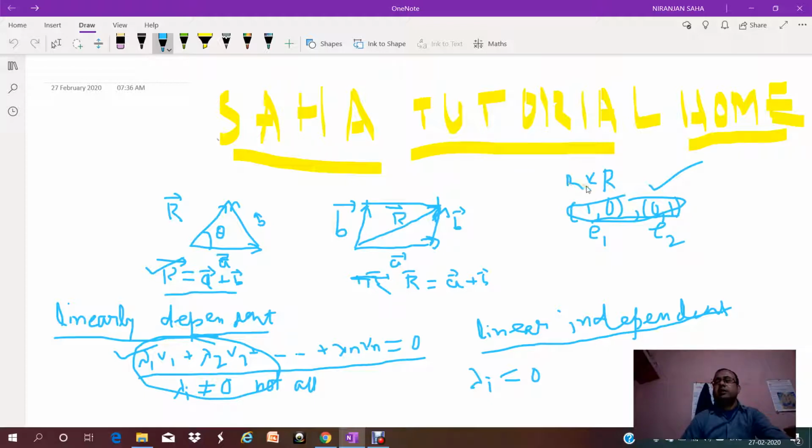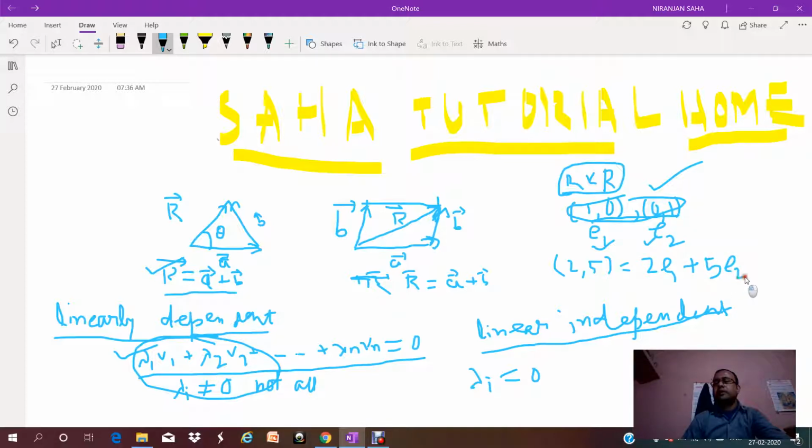Every element in the two-dimensional Cartesian plane can be represented by these basis vectors. Like take the point (2, 5), you can very easily represent it through these basis vectors as 2 e1 + 5 e2.